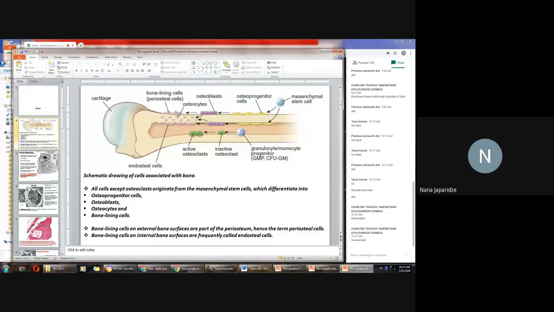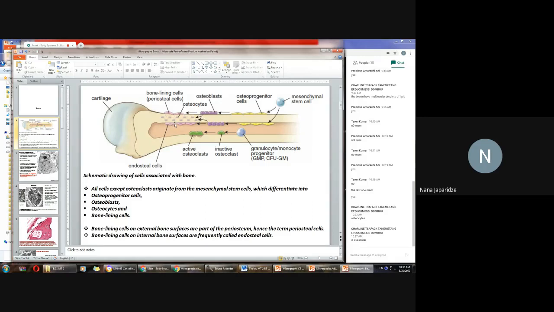They actually perforate the mass of this mineralized bone tissue, and they give rise to a very well vascularized, very hard, firm type of tissue. So with the cells, mesenchymal stem cells, and the different pathways of differentiation, I think everything is clear. Is it?